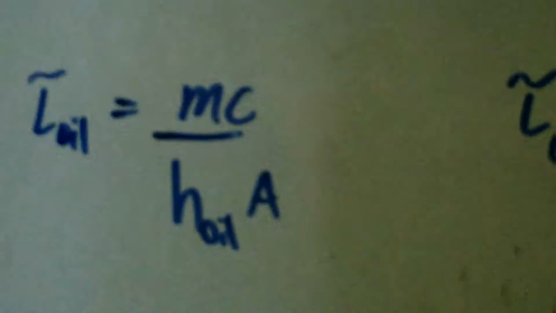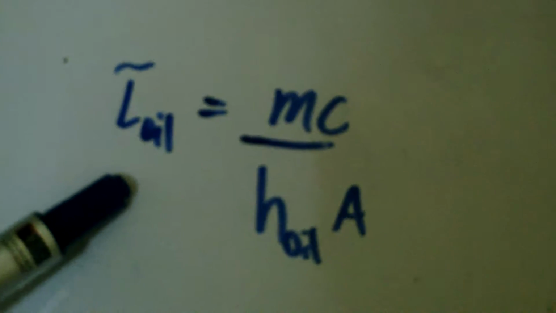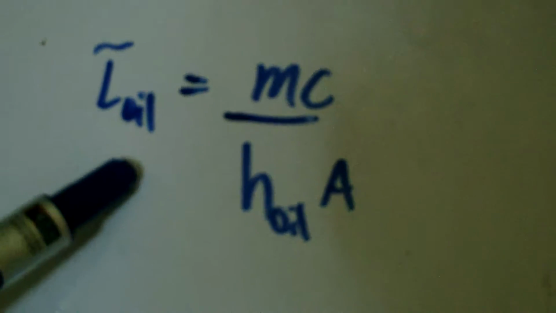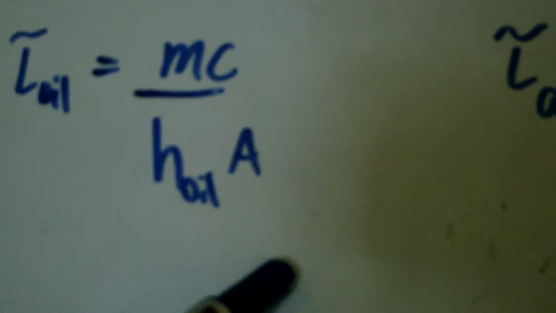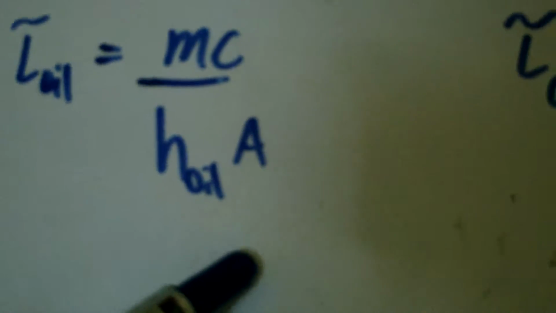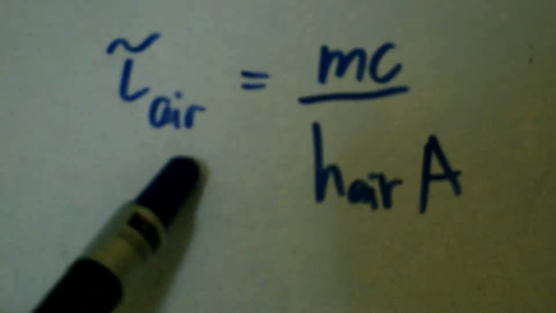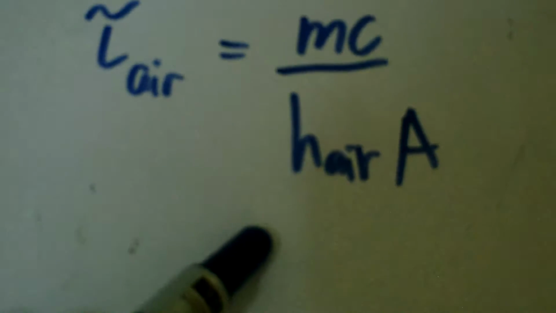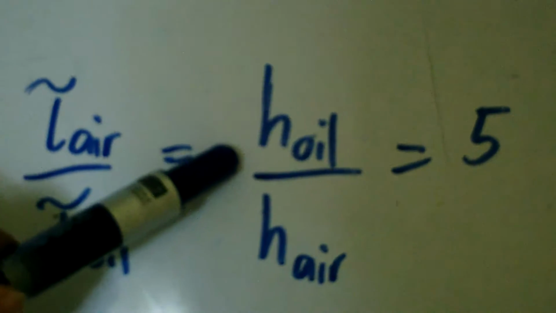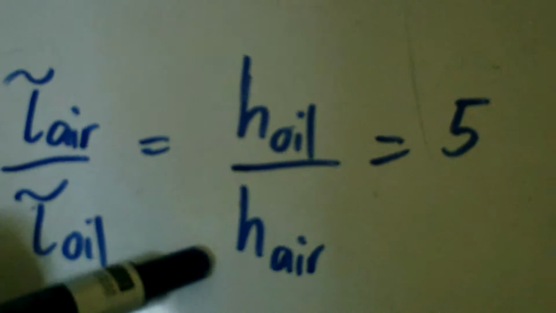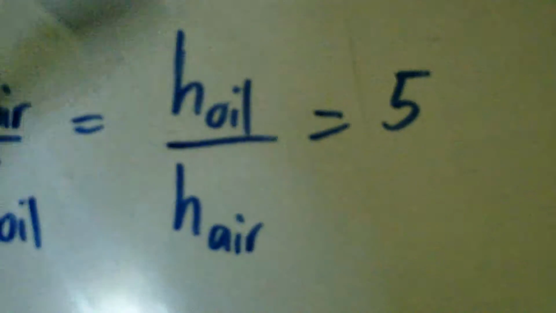So let's have the equation. The time constant tau oil equals m c over h oil A, and also tau air equals m c over h air A. Combining these two equations, we have tau air over tau oil equals h oil A over h air A, which is equal to 5.